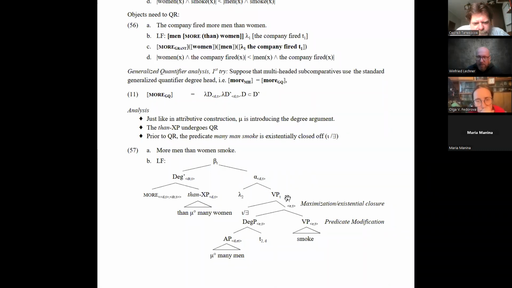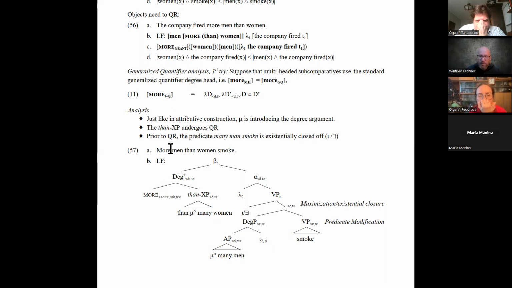So let's assume that we close off that predicate, so the VP is of type t. Then we abstract over the degree quantifier. As usual, we get something like a property of degrees, and the combination is straightforward. So it looks at first hand as if it's possible to plug the regular generalized degree quantifier into the construction and derive the correct logical syntax.